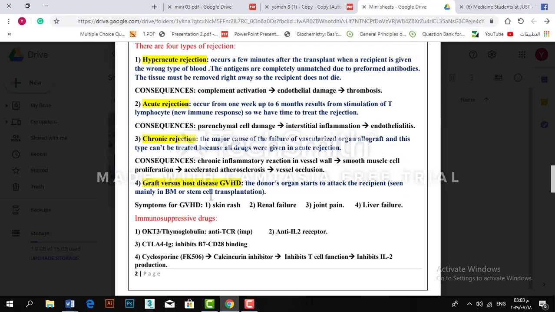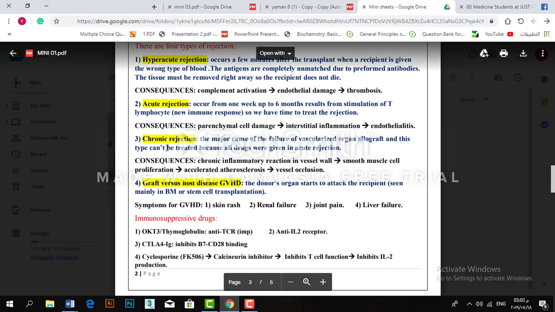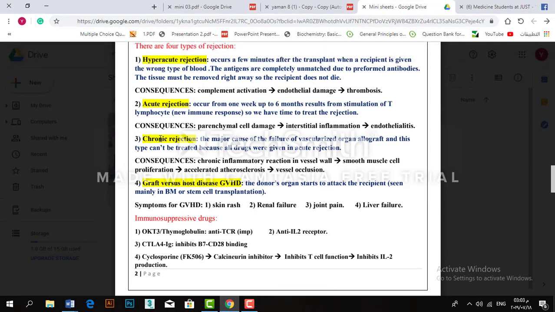Okay, moving to chronic rejection. Chronic rejection is the major cause of the failure of vascularized organ allografts. And this type cannot be treated. Why? Because the drugs we gave in the acute rejection were exhausted, so we cannot treat the chronic rejection, because all drugs were given in the acute rejection.